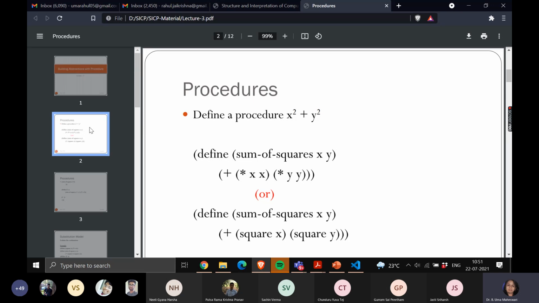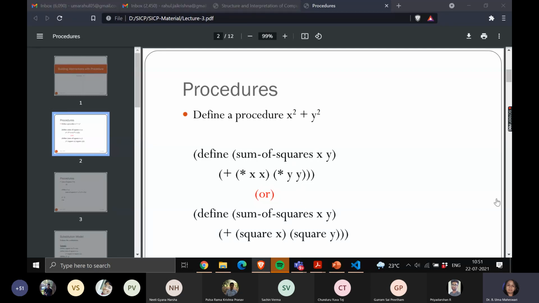With the define keyword, you can define a procedure or define a name, name in the sense of a variable. By looking at this syntax, you can see how to define names, formal arguments, and how to define the body section.